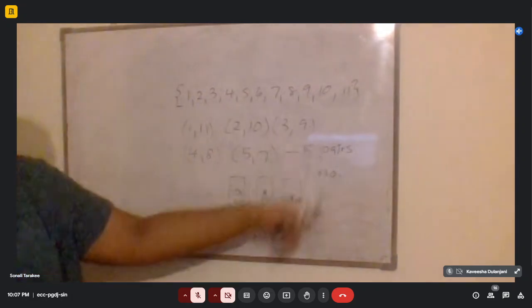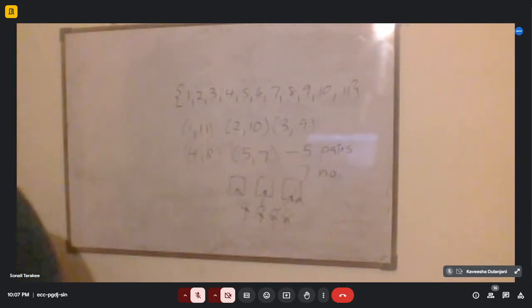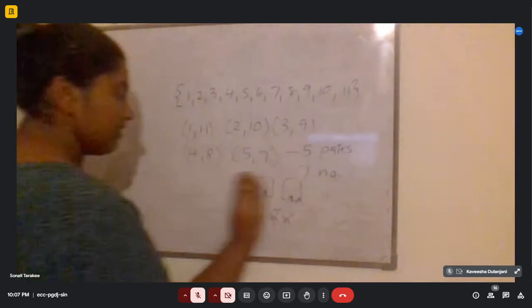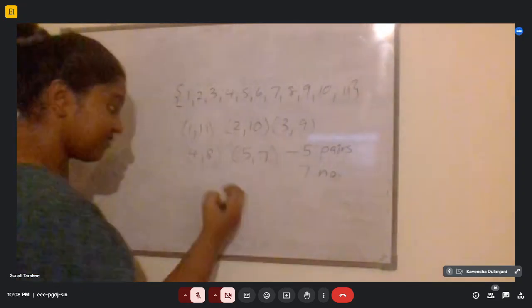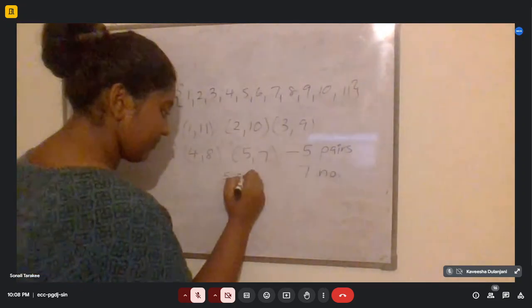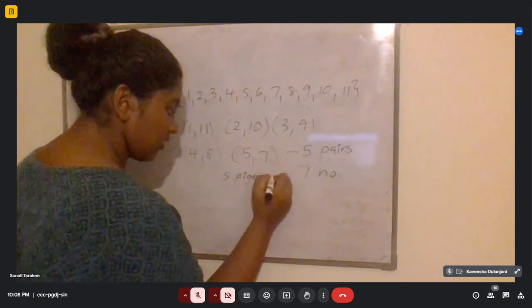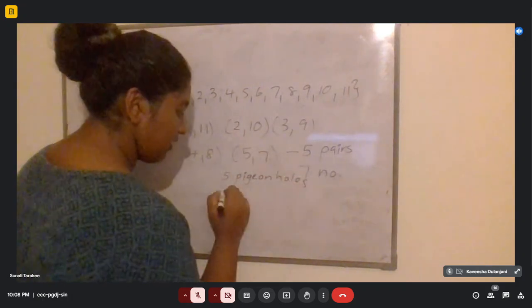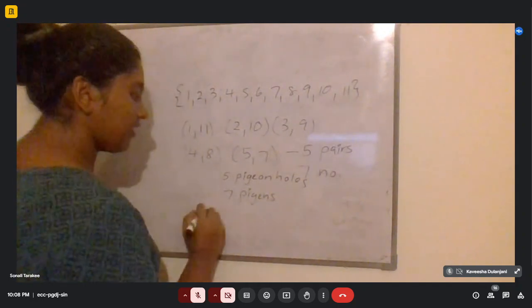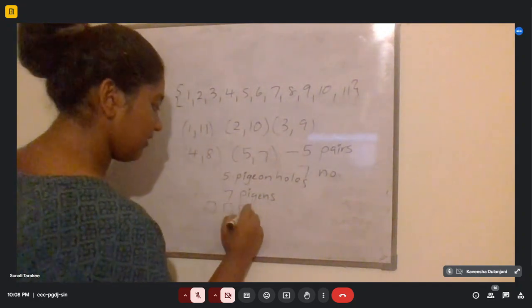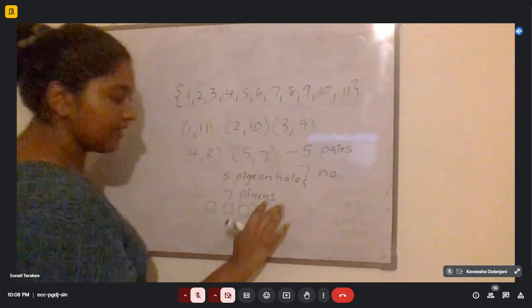If you substitute this into the pigeonhole principle, 5 pairs are the 5 pigeonholes, and 7 pigeons. So there are 5 pigeonholes and 7 pigeons.